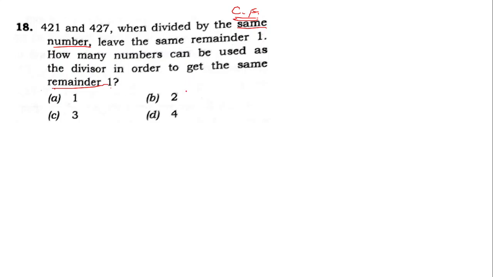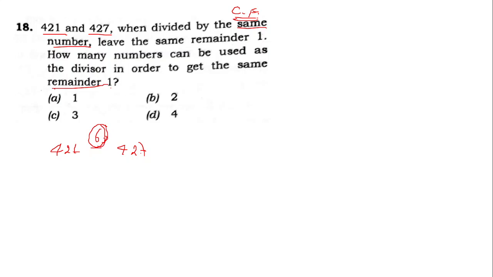All right. Now, if we observe the numbers carefully, 421 and 427, what is the difference? The difference is 6.